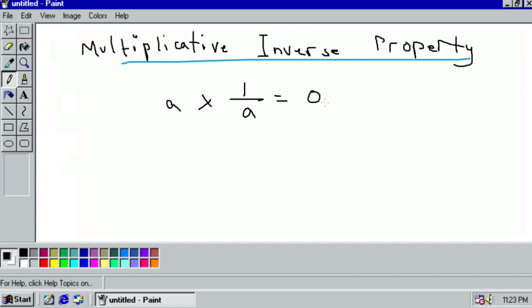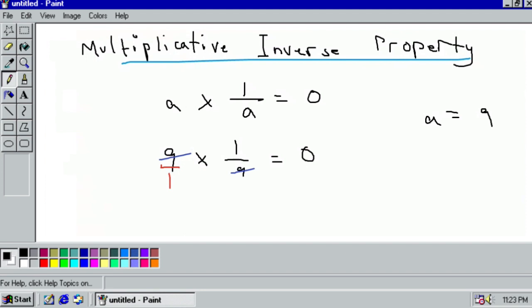Let's have a value. Let's say our a is positive 9. So 9 times 1 over 9 is the same as 9 over 9.